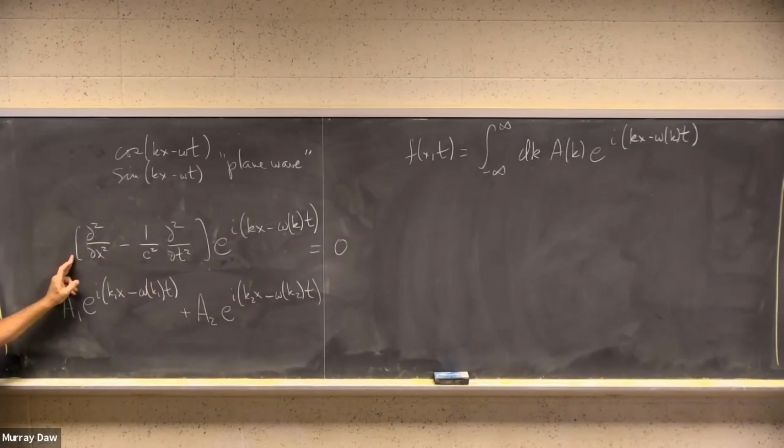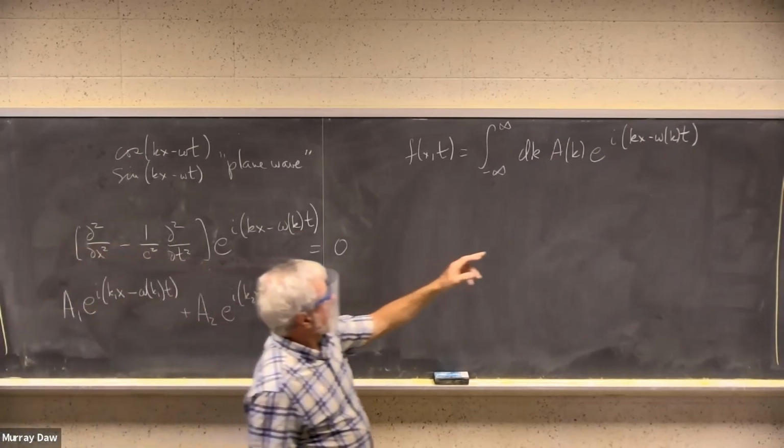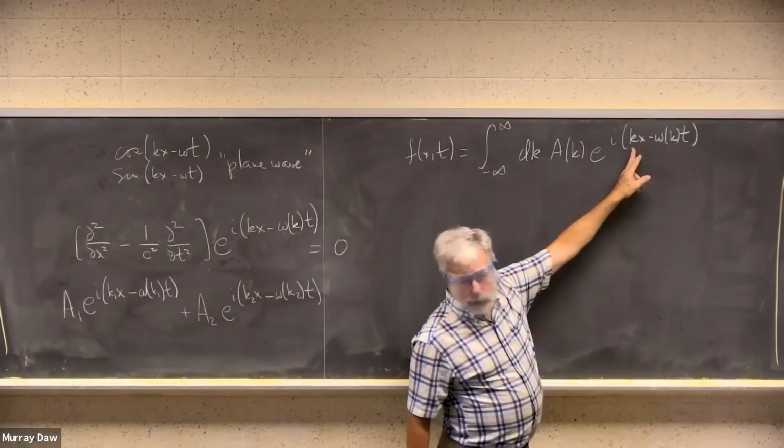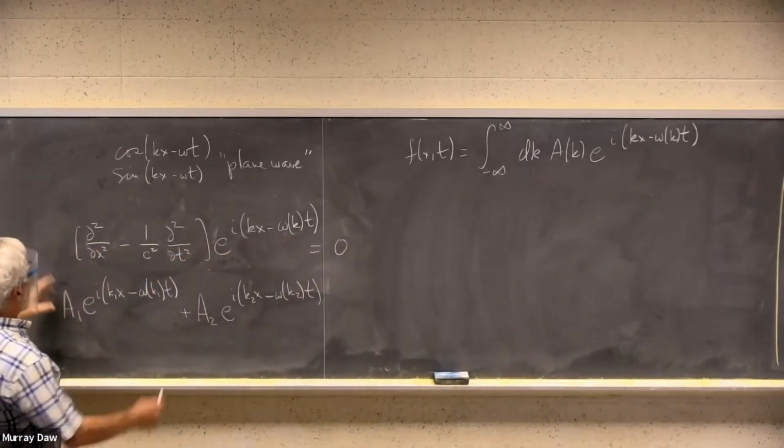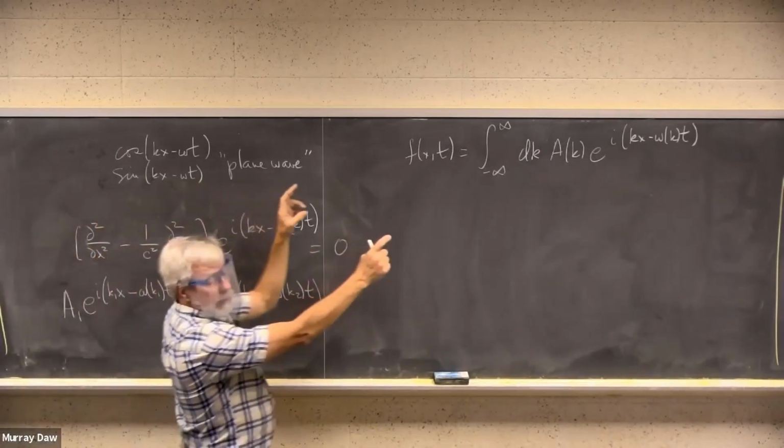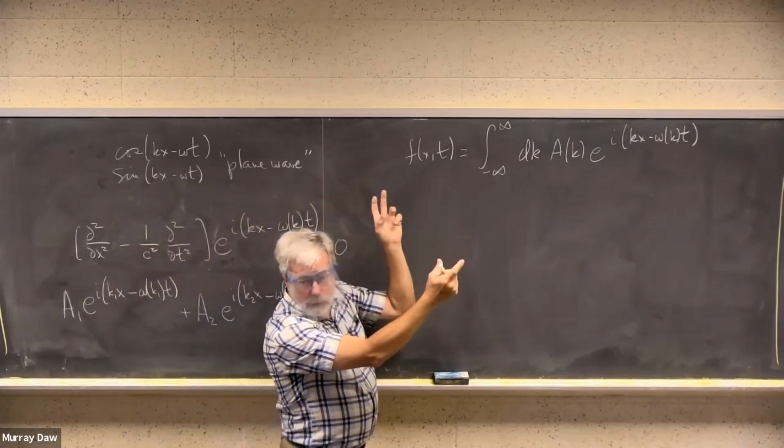And it's also going to be a general solution to other wave equations, as long as they satisfy the right dispersion relation. That is, as long as omega is the right relationship to K. Well, how do you prove that? Well, you take the D'Alembert and you act on this thing. Remember, the integral is a sum.